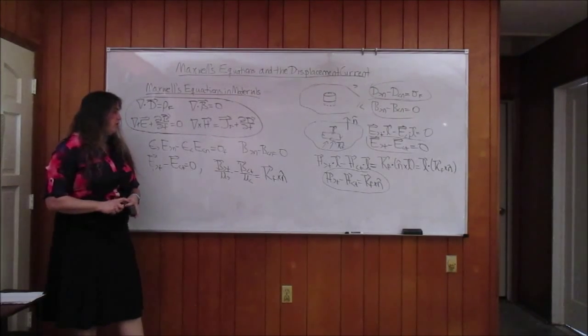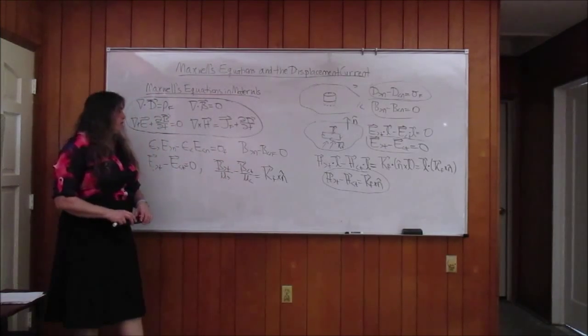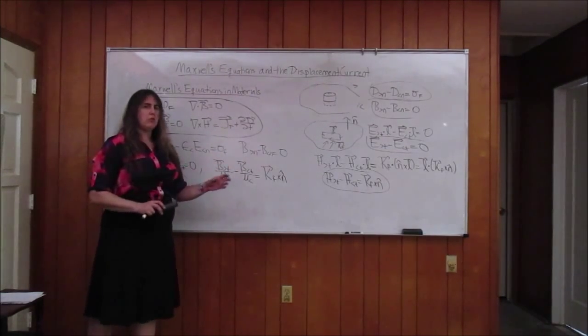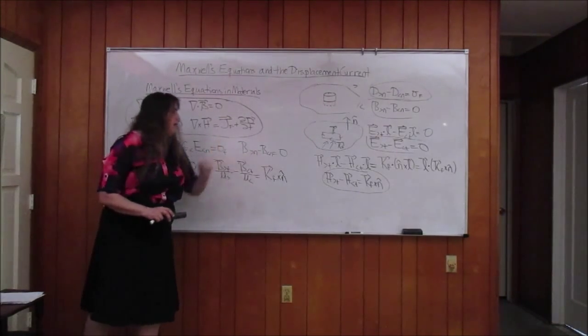So those are your boundary conditions, and we will be making ample use of these, especially coming up in electromagnetic waves when we don't have sources here. So basically in that case that would be 0 and that would be 0 as well.